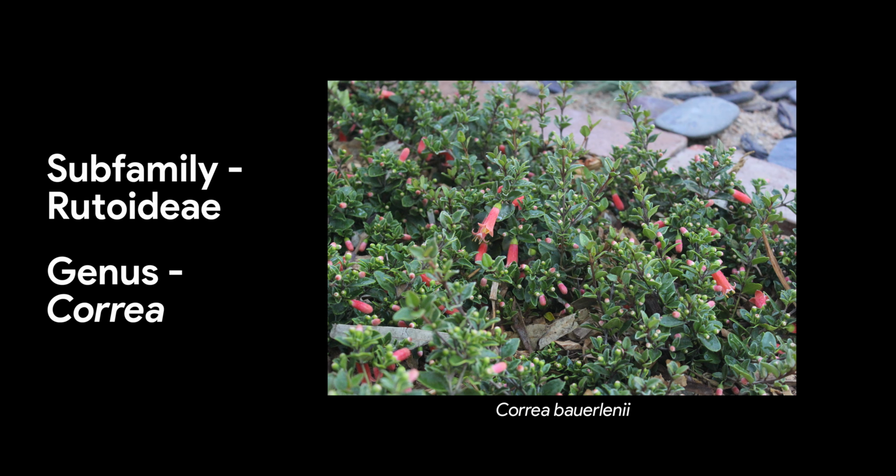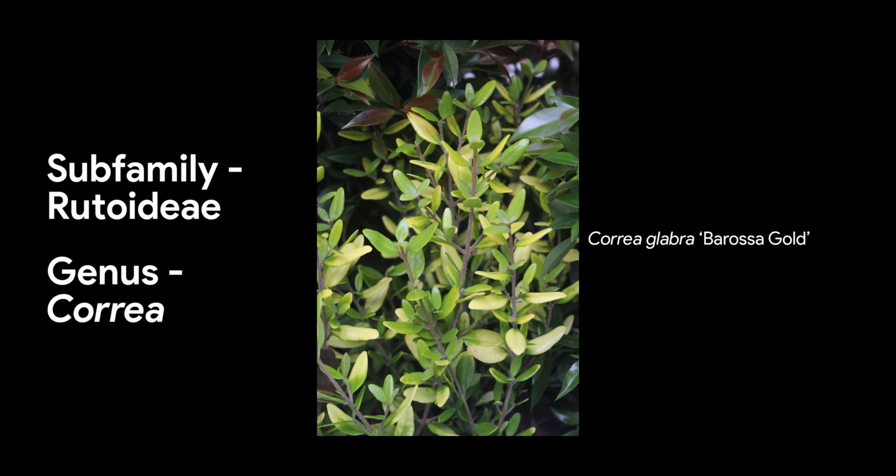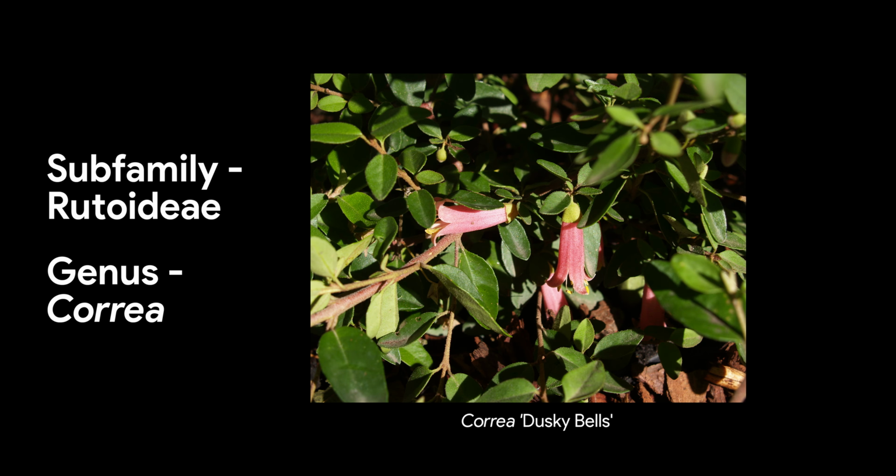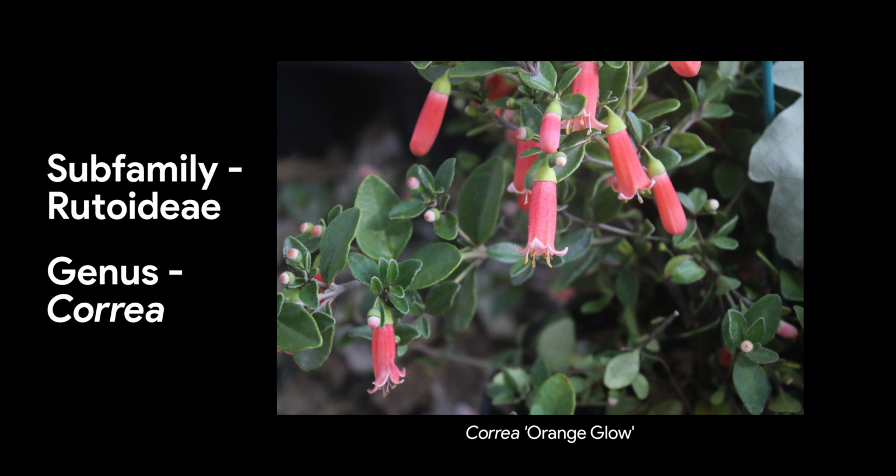Correa is a genus of flowering shrubs native to Australia, consisting of around 11 species, but many named cultivars and hybrids. Correa Dusky Bells is probably a hybrid of Correa reflexa and Correa pulchella, and it grows around 1 metre tall. Correa Orange Glow is a cultivar of Correa pulchella, and it grows around 1/2 metre tall.